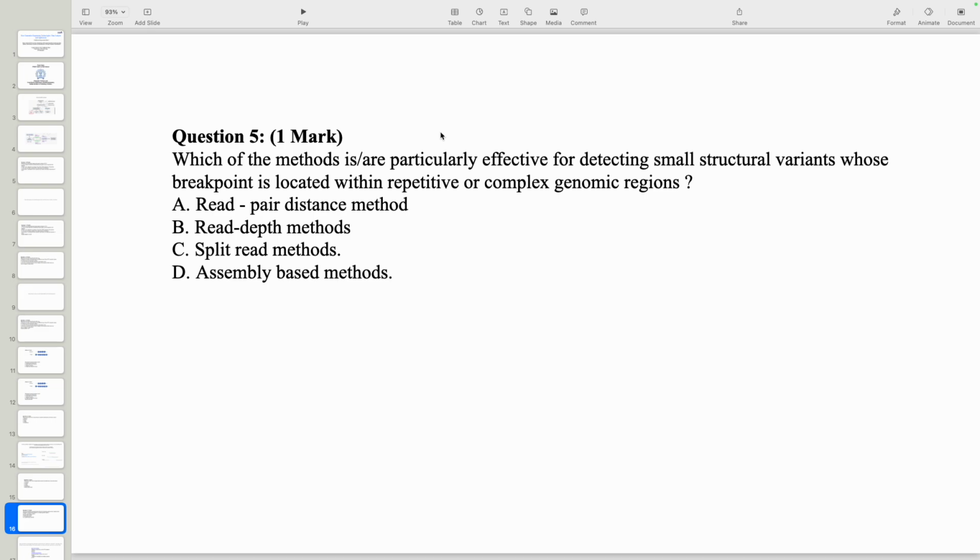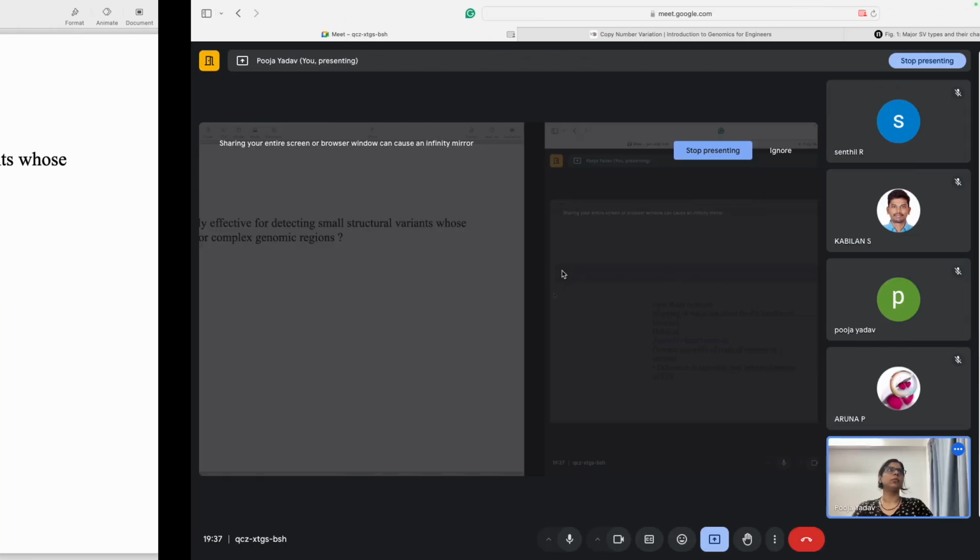Okay. Is there any other option correct, including C? Please go through the manual. Okay, so we have another option A and C. Let's go to the manual.